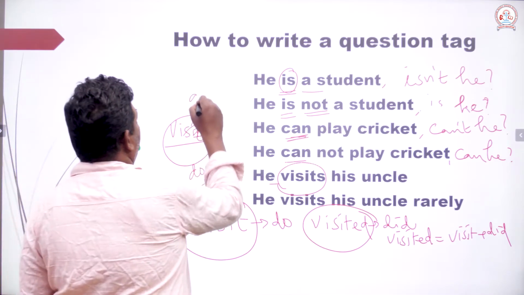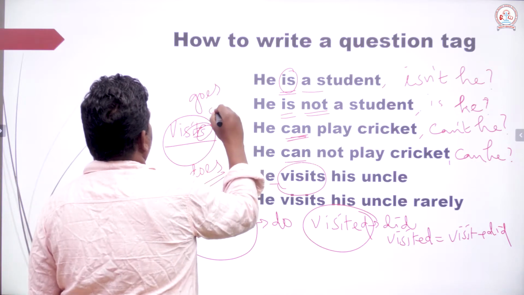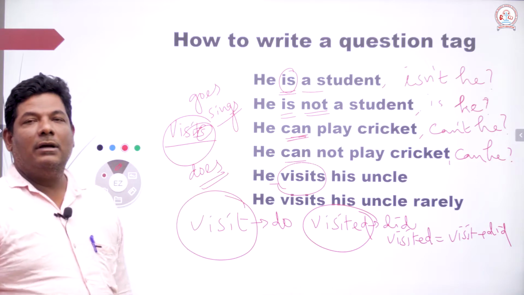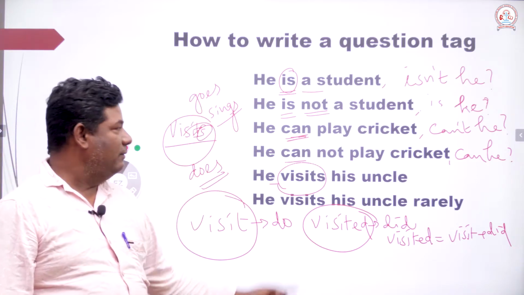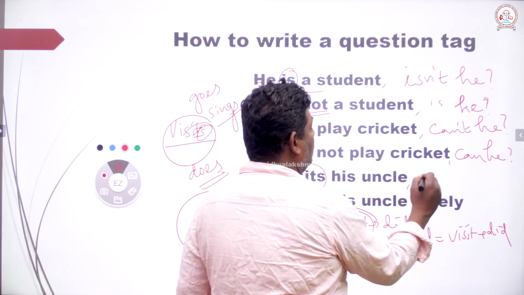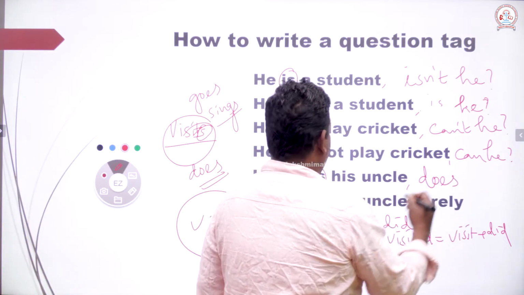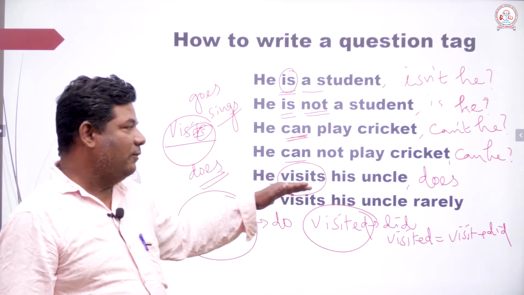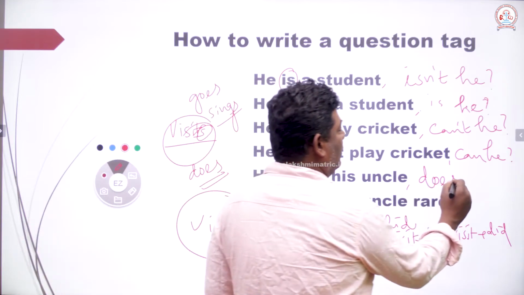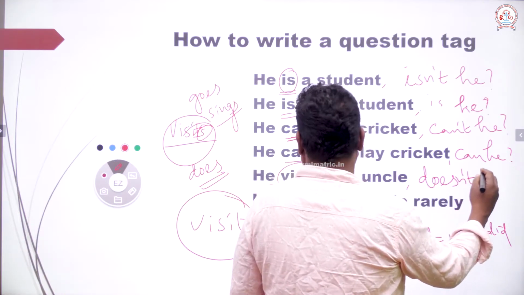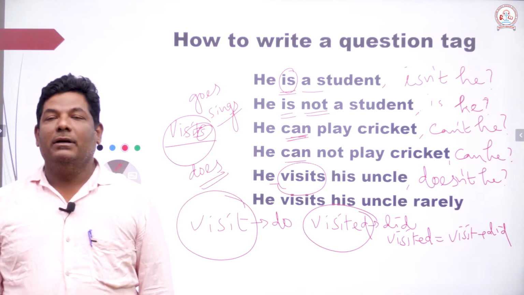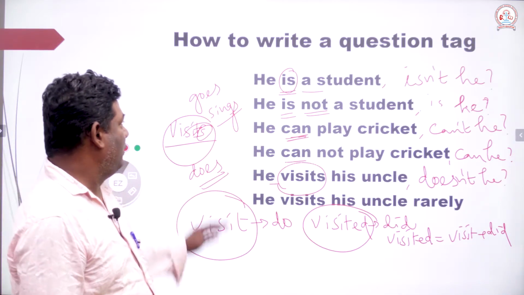Okay, for example, goes, sings. In all we have does. So, in visits we have does as the auxiliary verb. Therefore, we must use does. It is a positive. Therefore, we must write negative. So, not. Contracted form is doesn't. Doesn't he? Can you understand? Doesn't he? Okay, fine.